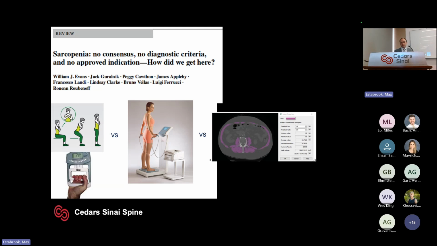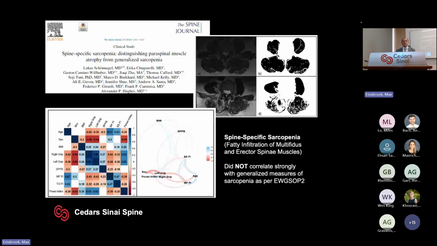And to kind of add insult to injury here, there's probably different types of sarcopenia that matter to us. So sarcopenia as a biomarker of overall frailty, you can probably measure with timed up and go tests and a physical battery.